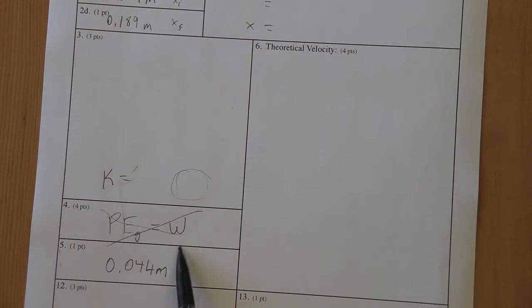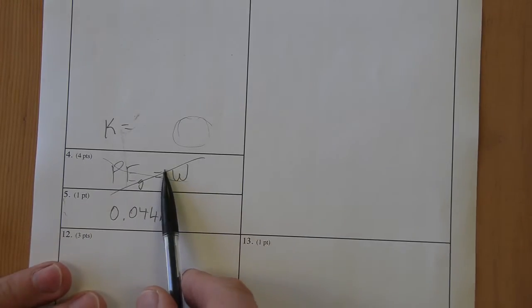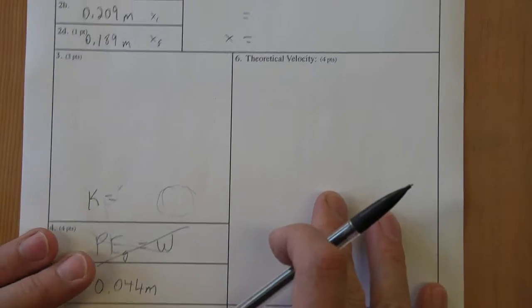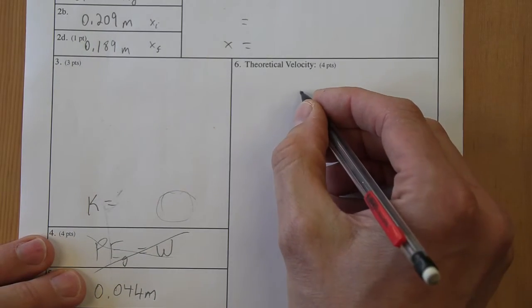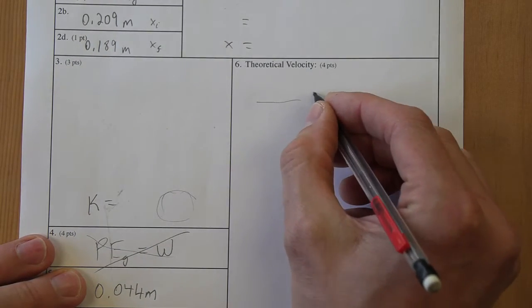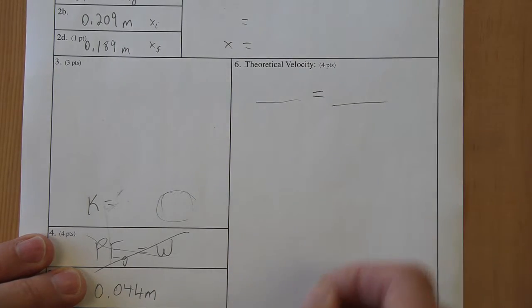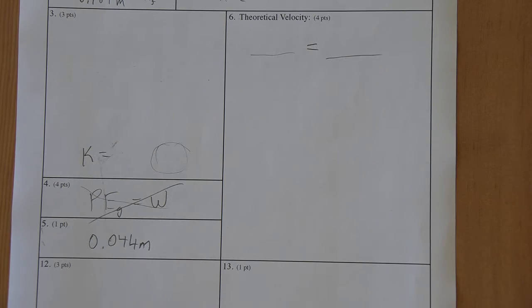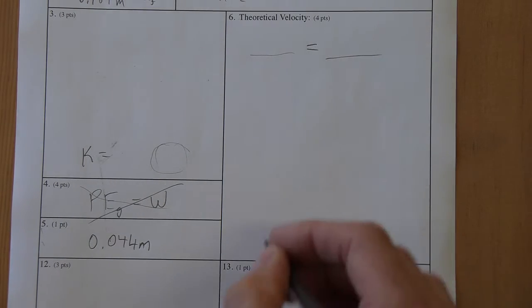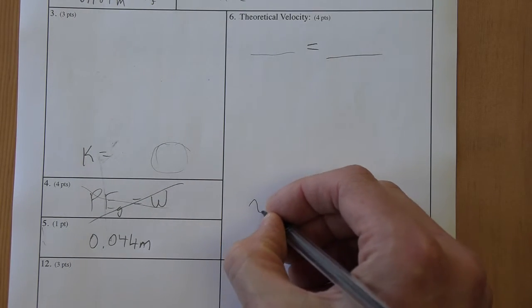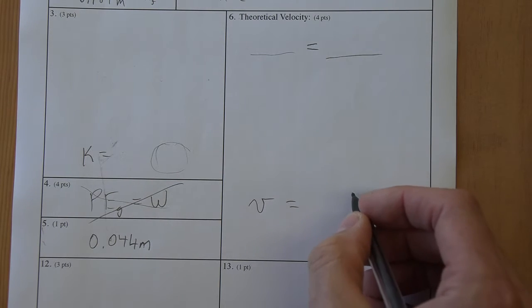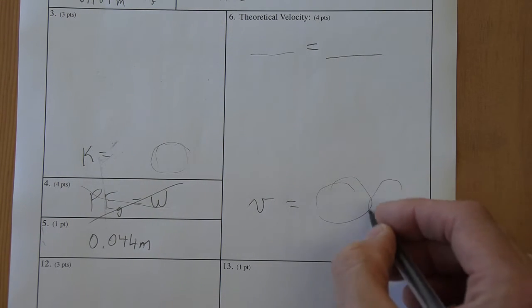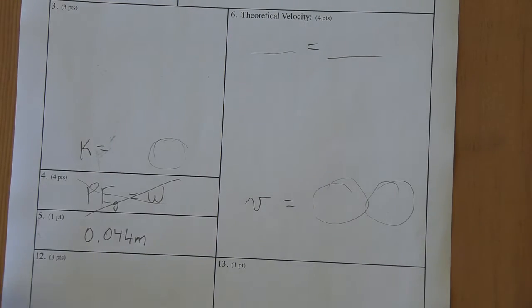So remember, we have this formula here, not PEG equals W, right? You made your own. So you're going to write the correct formula, some kind of energy before equals some kind of energy after. And then you're going to plug in all the appropriate data into that formula. And when you're all done with your algebra, in the end, you're going to have the velocity or speed of the car with some appropriate unit there. So that's what you do in this step. Go ahead and do that now.